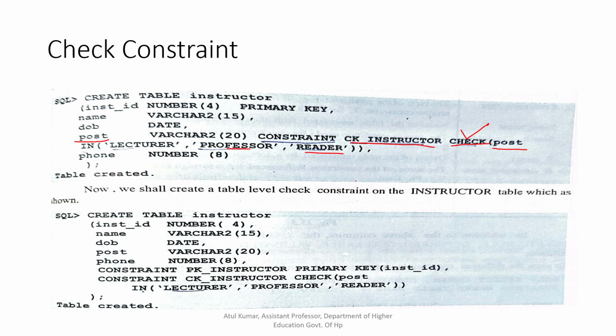So it is basically used to check whether the values are inserted as per the specification given, and if we don't insert values as per the specification, then it will create an error.